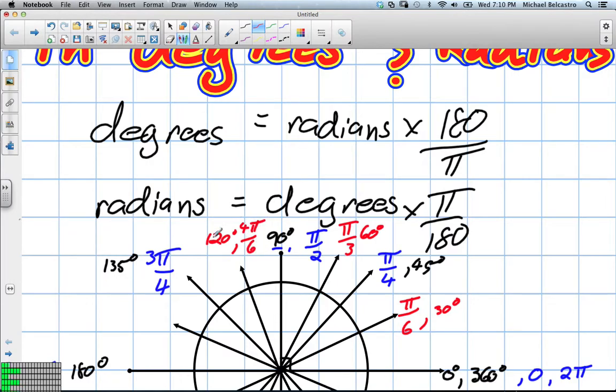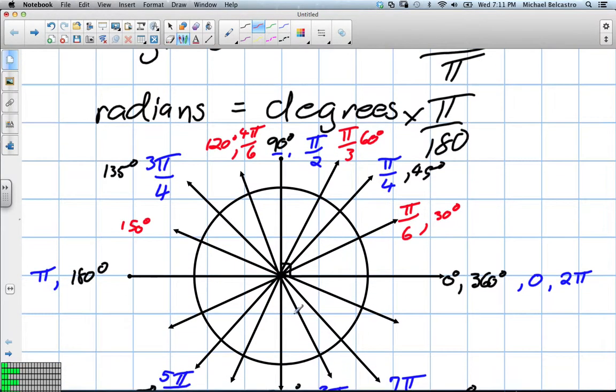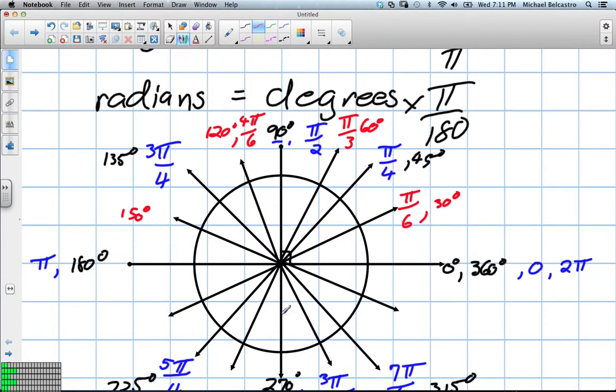This is the equivalent of 150 degrees down here. When we use that, 150 times that is the equivalent of 5 pi over 6. Okay, so we're starting to get a pattern here. 4 pi over 6 can also be reduced to 2 pi over 3. Okay, and that's where it's similar to this.